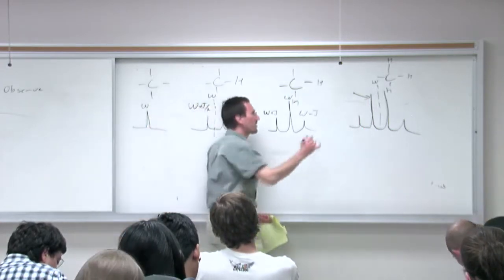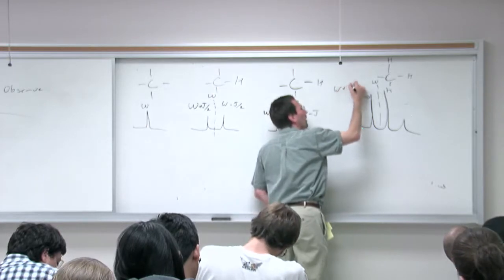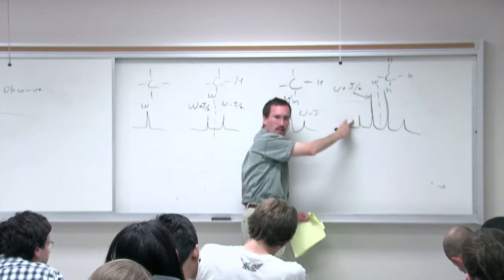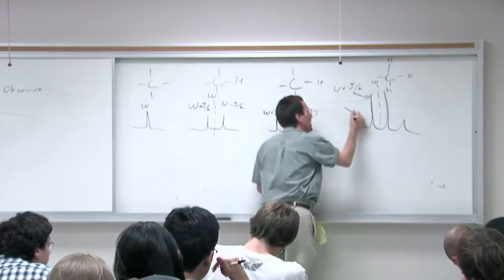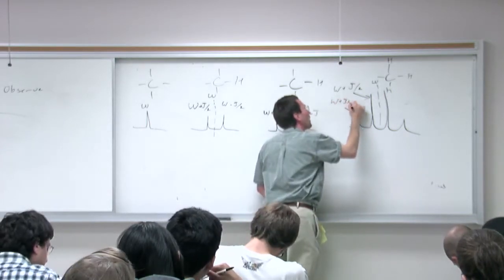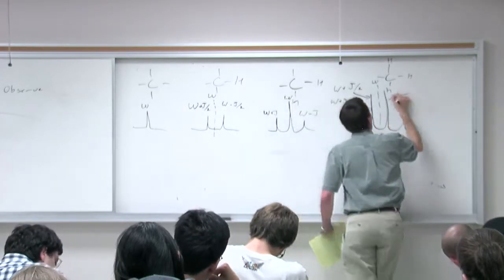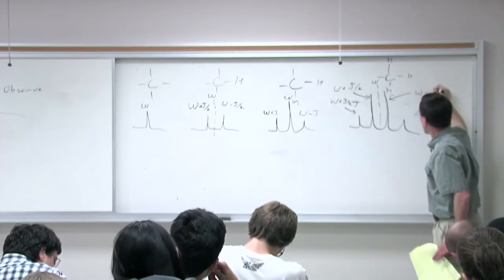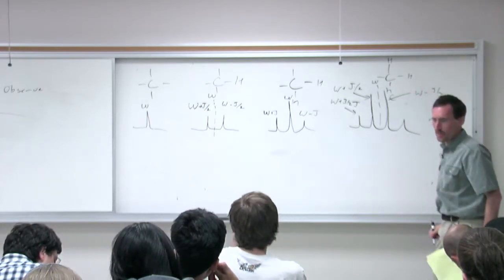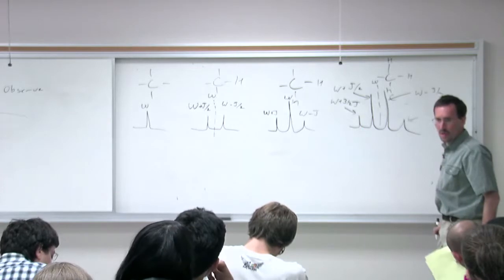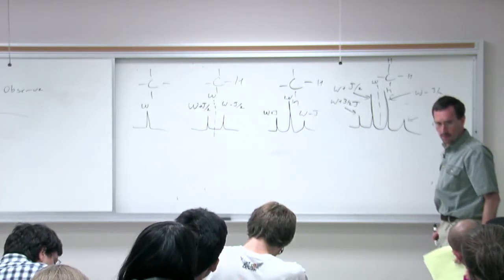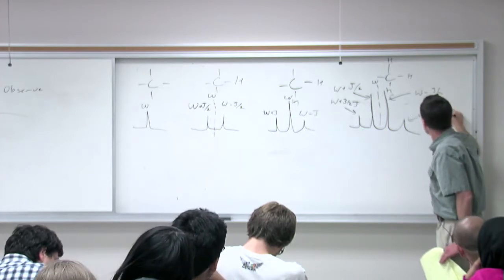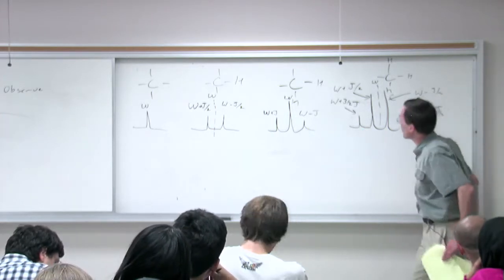Omega plus 1/2 J. And the position of the next line? Plus 3/2 J, right? And the other big line? Minus J over 2, minus 1/2 J. And the last small line? Minus 3/2 J, 3J over 2.